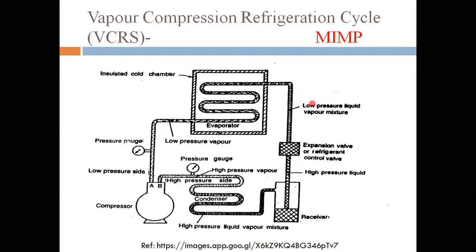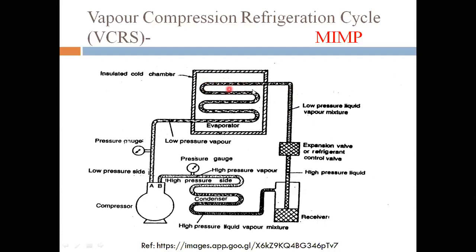This low pressure, low temperature refrigerant enters the evaporator. The evaporator is the space where we cool a particular substance. If we require to cool any substance, we can use the evaporator to cool it.